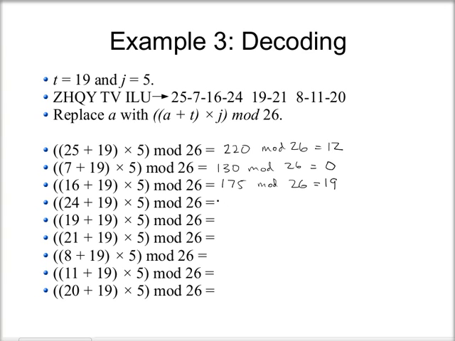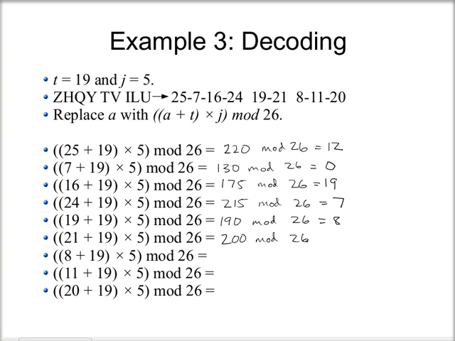24 plus 19 times 5 is 215. Mod 26 is equal to 7. 19 plus 19 times 5 is 190. Mod 26 is equal to 8. 21 plus 19 times 5 is 200.